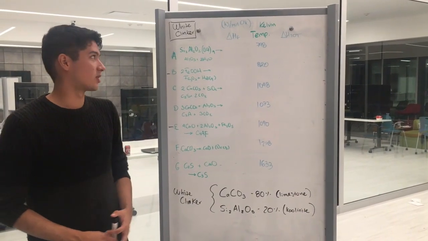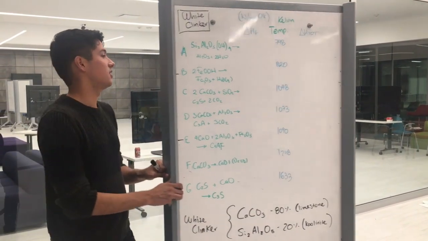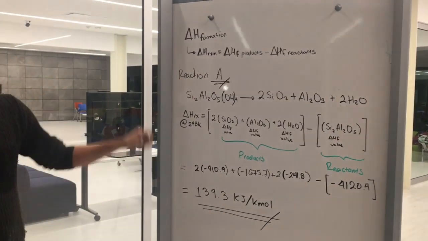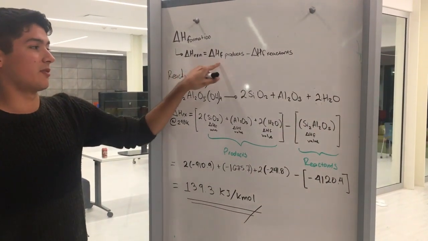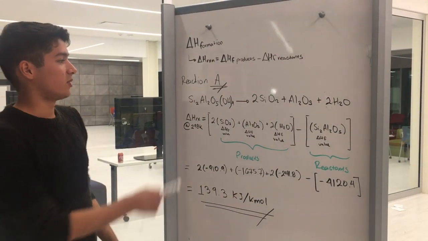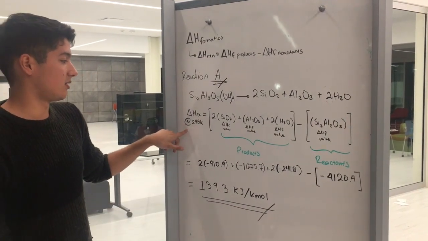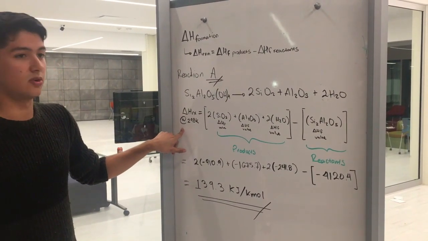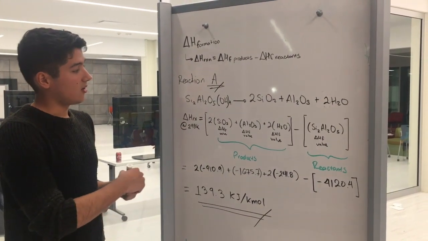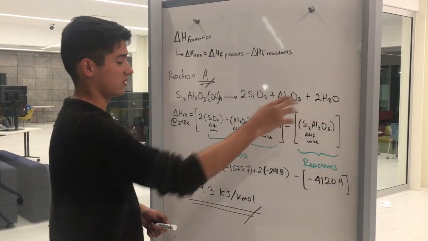The first step is to calculate the enthalpy of formation, from which we're going to use tables that have already established values. The enthalpy of formation is composed of the enthalpy of the products minus the enthalpy of the reactants. For reaction A, for example, which is this one, we're going to calculate the enthalpy of reaction at 298 kelvins, and we have to consider the moles in each one of them.